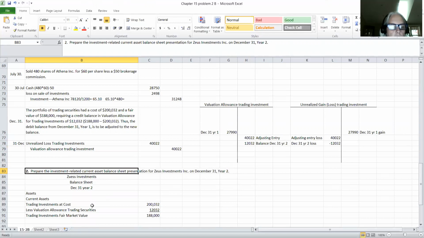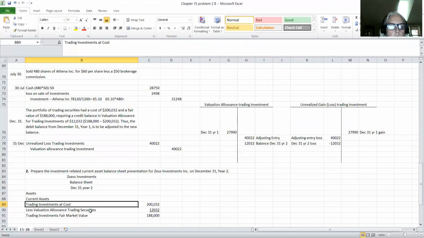This is what the balance sheet would look like. Since these are trading investments, they're set up as current assets. The trading investments would reflect the cost of those investments. Now you could go back and add up all of the investments that you had, your total portfolio of investments. The total group of investments amounted to a cost of $232,000. That's what they have given you in this problem.